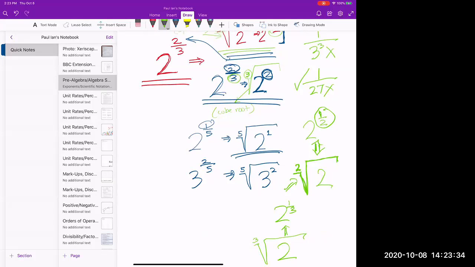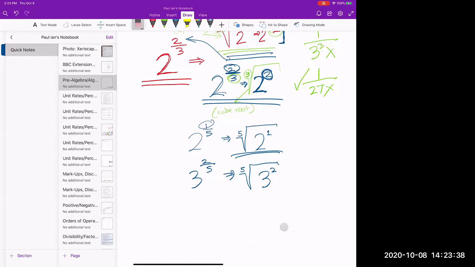Let's see if you can evaluate using the fractional exponent and something else, because now you're going to have to bring in your operations with mixed numbers. So 2 to the 1/2. Actually, let me write this in a different way.